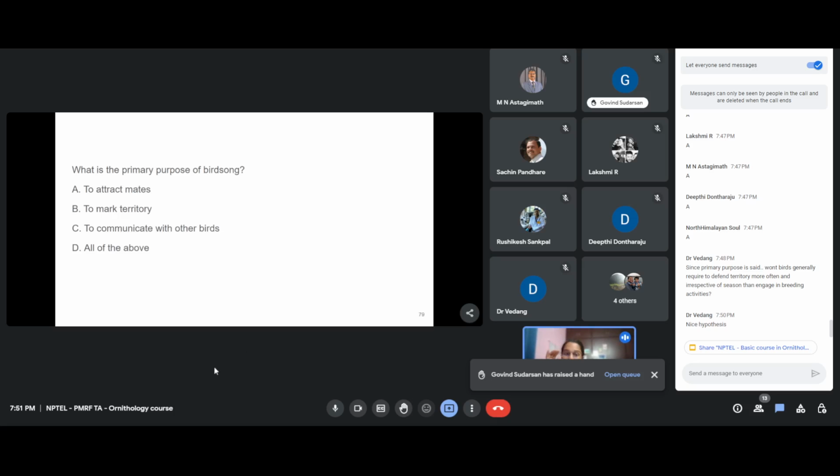So basically, let's just scrap the particular purpose of birdsong question. But yes, birds do use songs to attract mates primarily and defend their territories, and also to communicate with other birds. Yes, there's a difference between calls and songs. It's very difficult to identify what is a call, what is a song, and how to classify them.